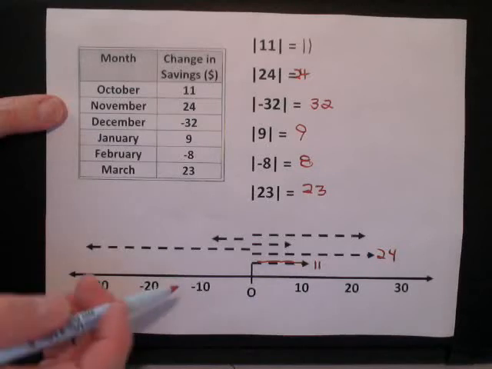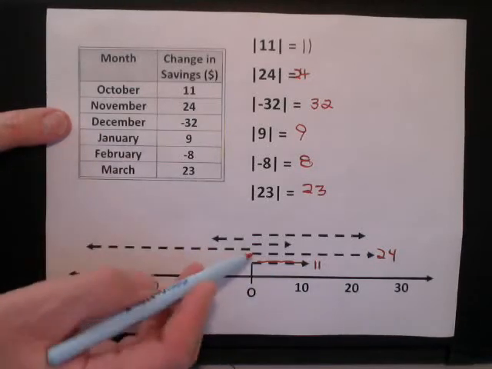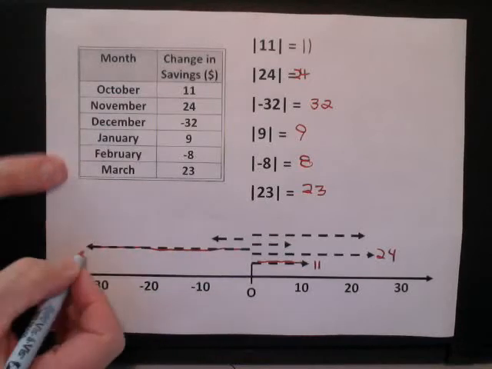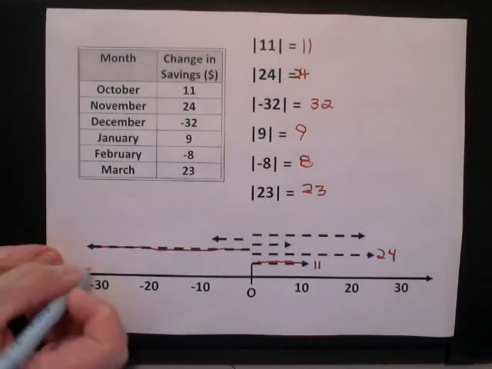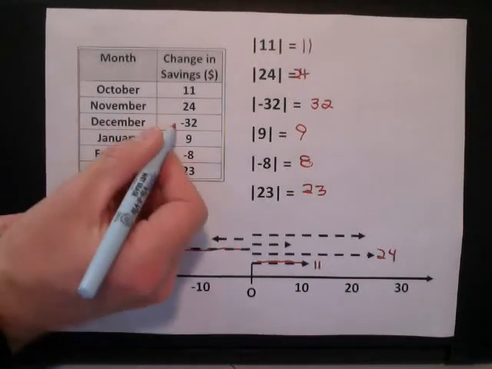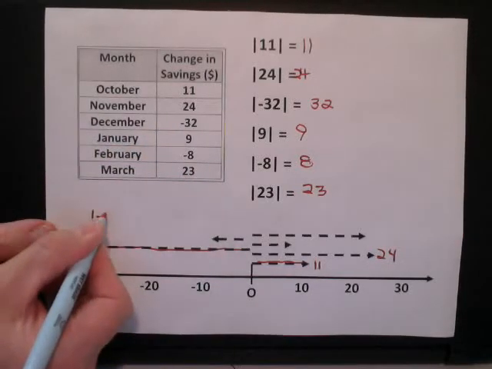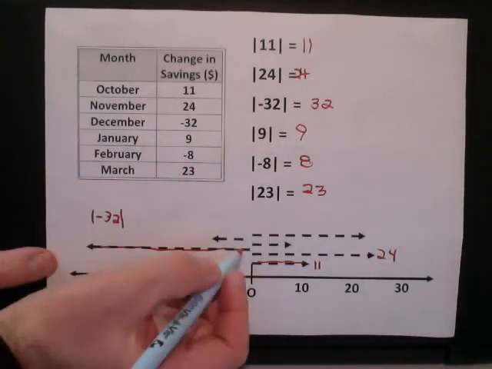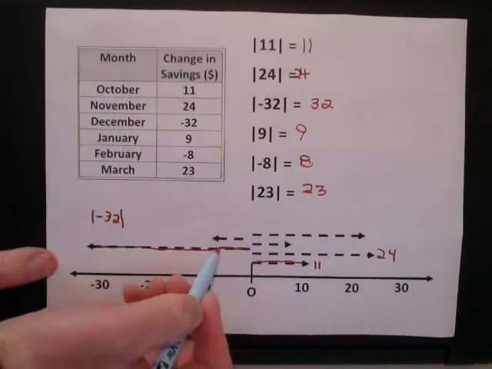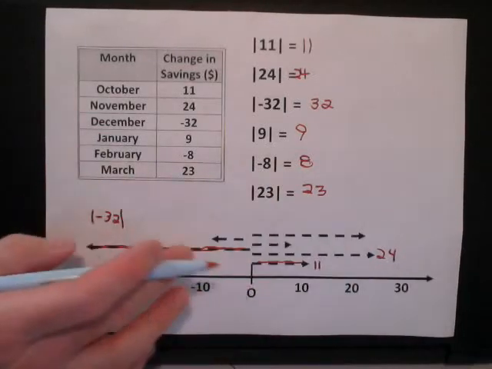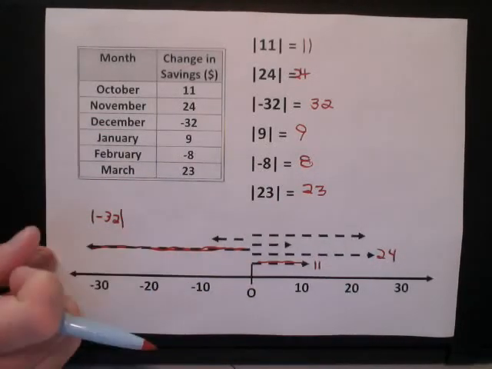And then when we look at December, okay, its value is all the way over here, and it is a negative 32 because it's in the negative. But remember, we're looking for the absolute value, and we're going to write it as a positive number. But you can see the distance from 0 is much greater than anything else. So that kind of is helping us answer our question already.